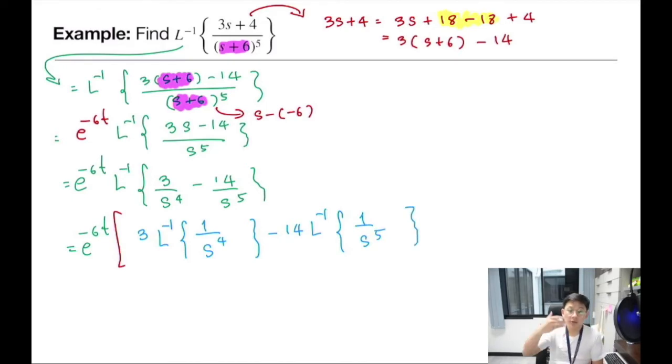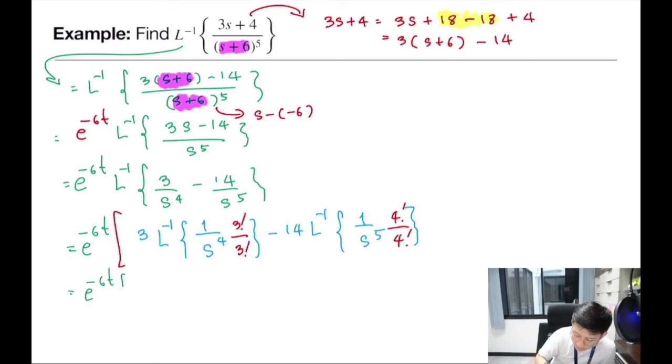Okay, and you want to find the inverse of 1 over s to the 4 and 1 over s to the 5, right? You need to multiply this with 3 factorial divided by 3 factorial, and here 4 factorial divided by 4 factorial, right? And then I pull the constant out, so I get e to the minus 6t.